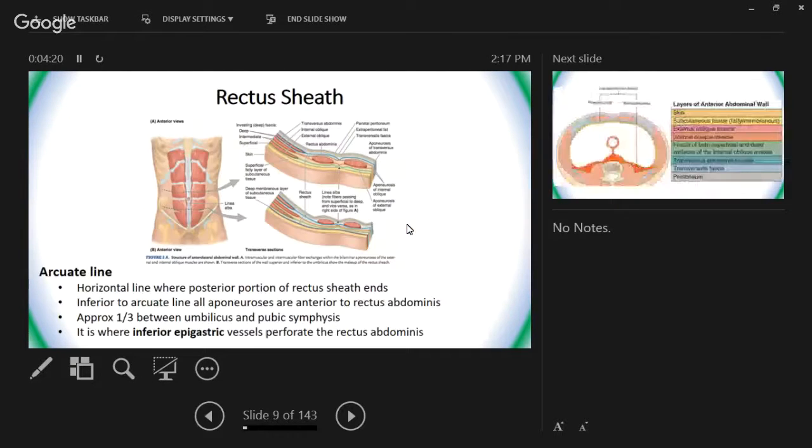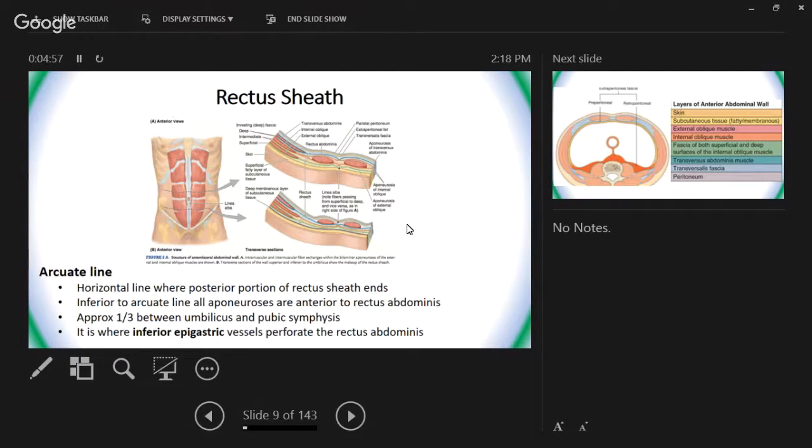Questions? Happy so far? So the rectus sheath. You guys know the arcuate line. Above the arcuate line, the rectus sheath has some posterior layers. The internal oblique gives off aponeurosis, some anterior to the rectus abdominis and some posterior. The transversus abdominis also gives off a layer posterior to the rectus abdominis.